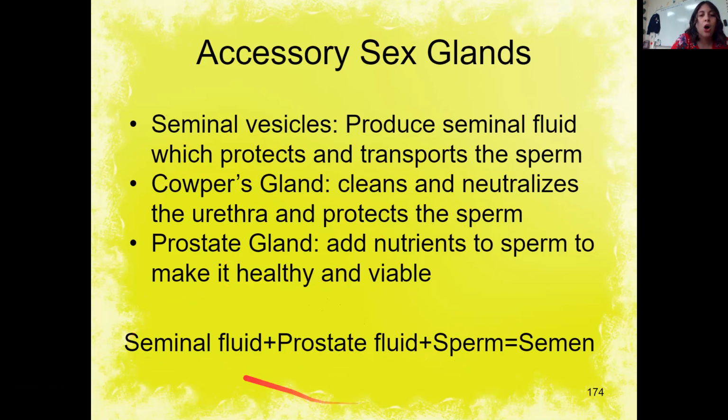By putting all three of those things together, the sperm, the actual male sex gamete, the prostate fluid full of nutrients, and the seminal fluid to add a layer of protection, all three of those things mixed together creates semen.